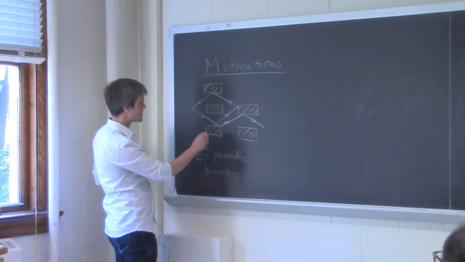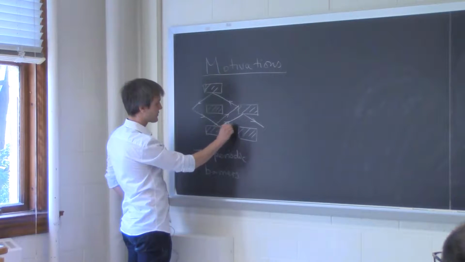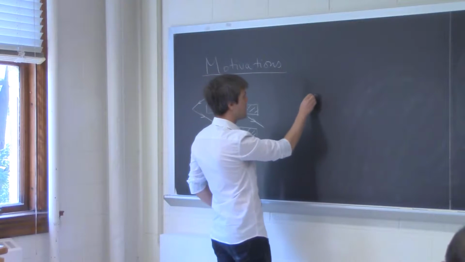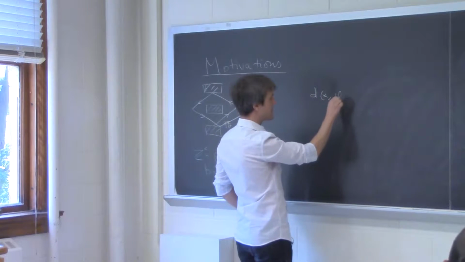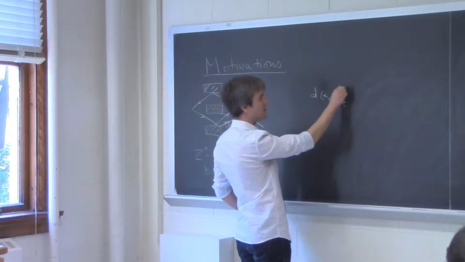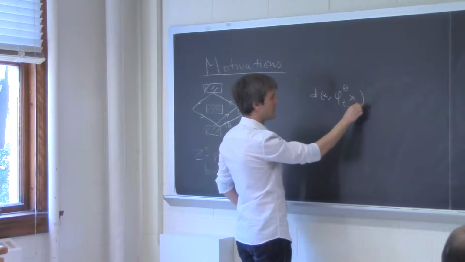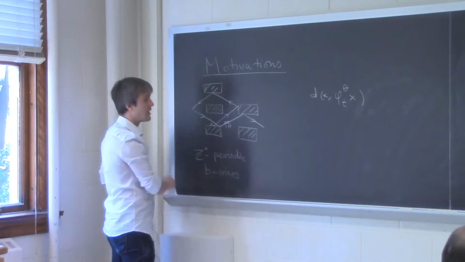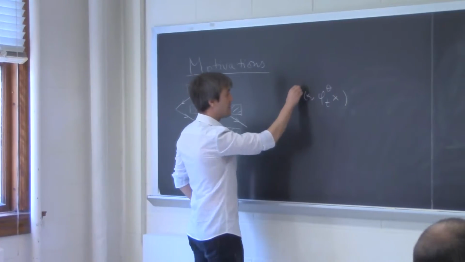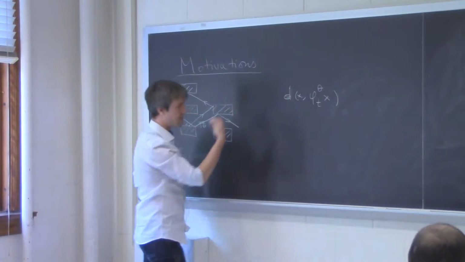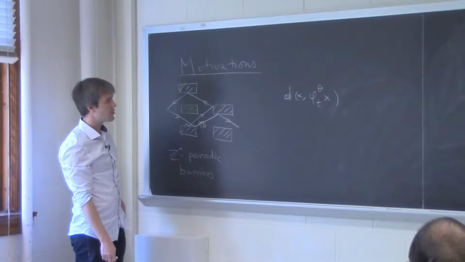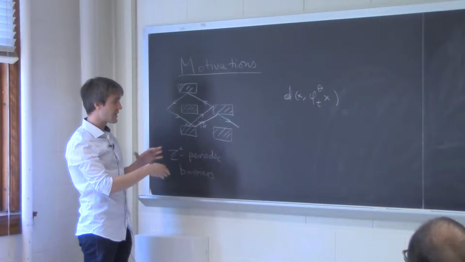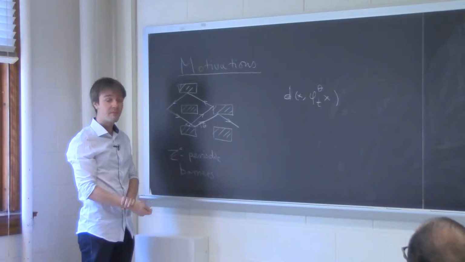So let's say that you start at angle theta, and you can ask, what is the typical distance if you flow for time t in the direction theta for this starting point x? And if you would think that this behaves anything like Brownian motion, then you would expect that this diverges roughly at exponent t to the 1/2.